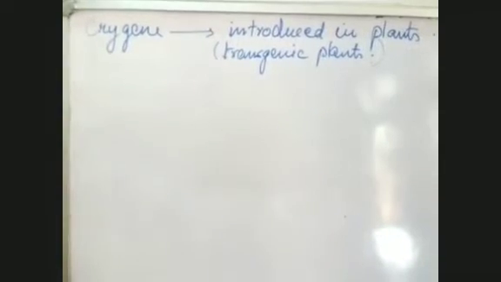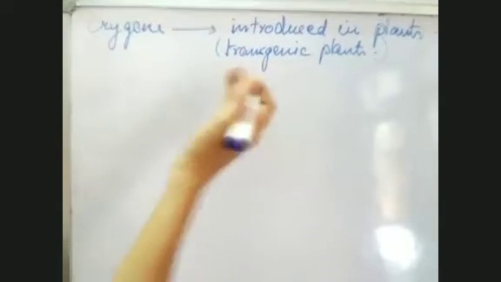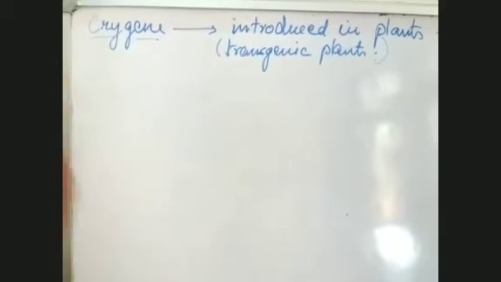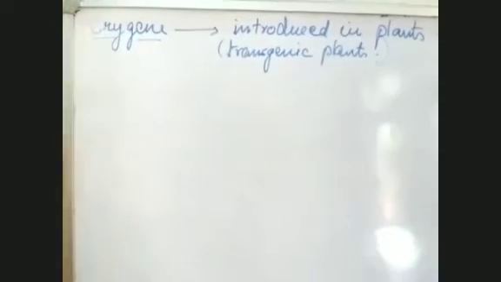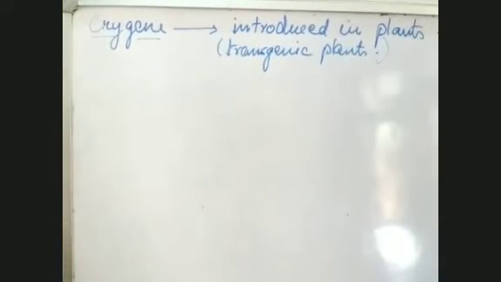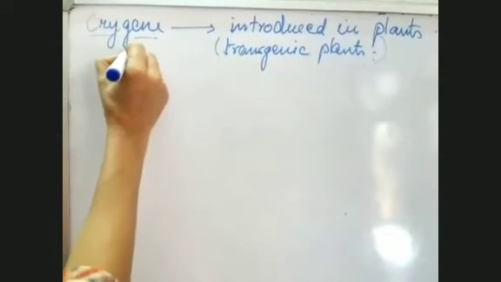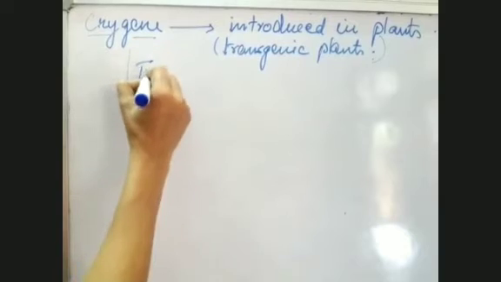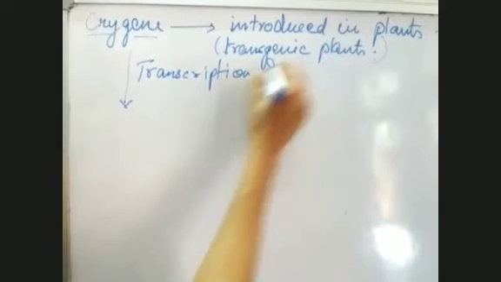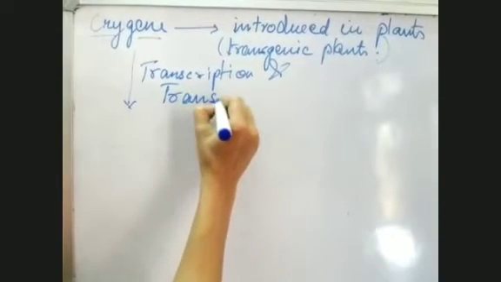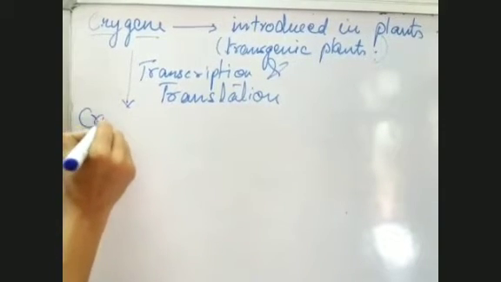Now in these transgenic plants the gene is already there. Which gene is there? The gene which produces endotoxin thuricide. This gene in these transgenic plants undergoes the process of transcription and translation and produces cry protein.